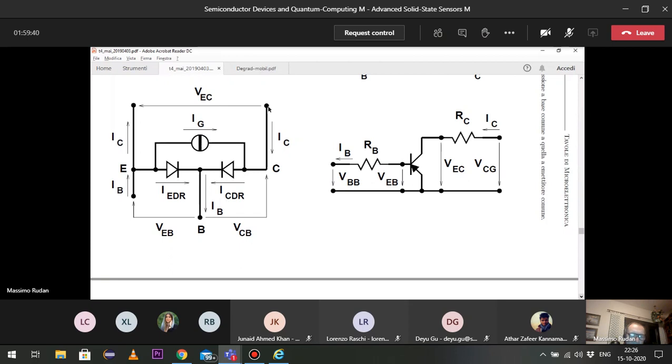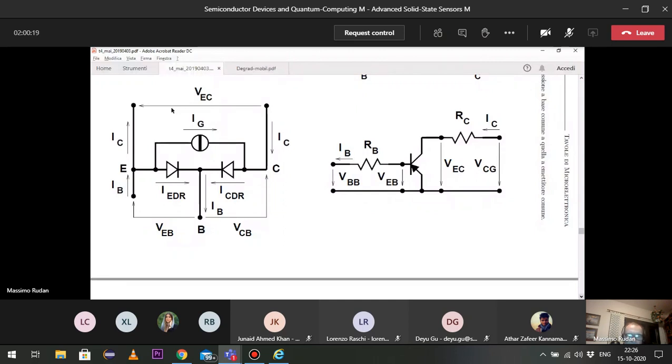Now, if you want to go to the common emitter configuration, you must take the emitter as the common contact so that the two independent voltages will be VEB and VEC. So consider this figure on the left as rotated by 90 degrees to the left, and then you mirror it along a vertical axis, okay?